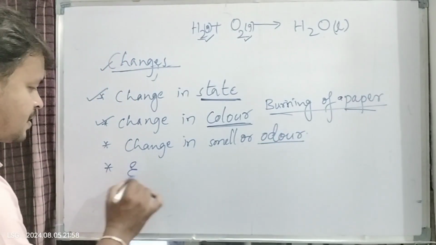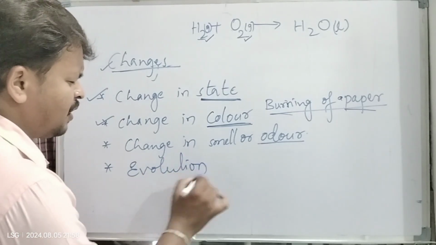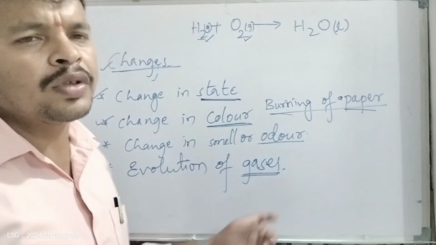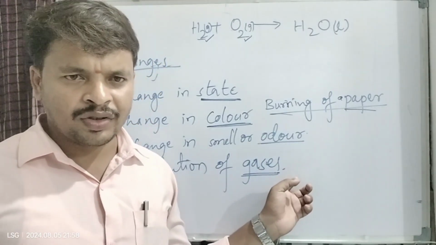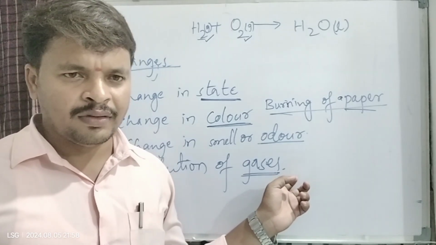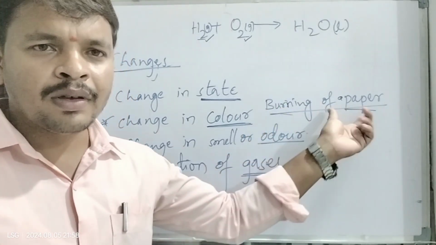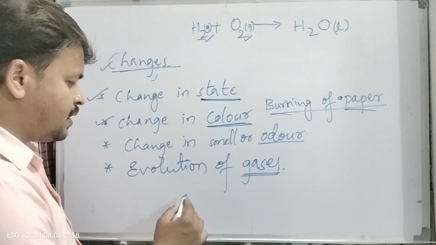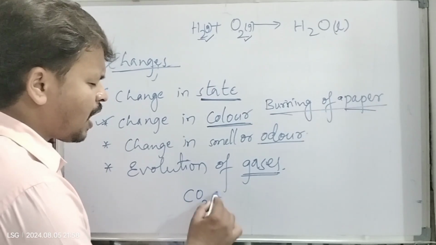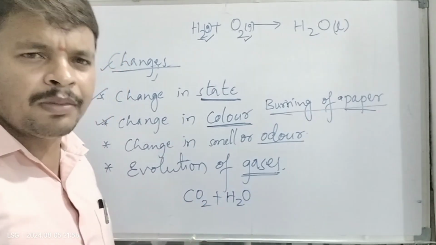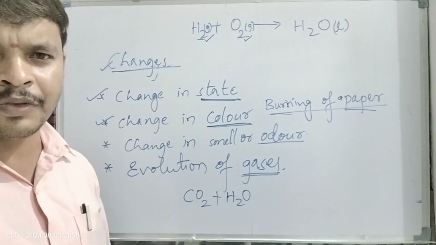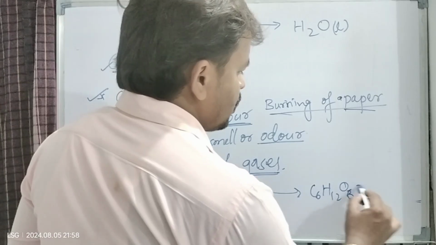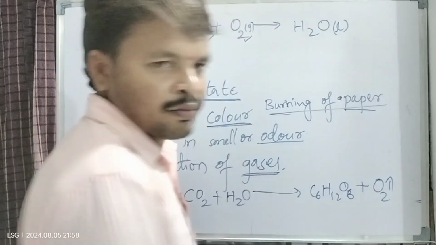Then evolution of gases. Here, some gases are released during the chemical reaction. For example, while burning paper, smoke is produced. Or as I said, during photosynthesis, carbon dioxide and water are the raw materials used by plants to prepare food, but among the end products, with the glucose, oxygen is released.